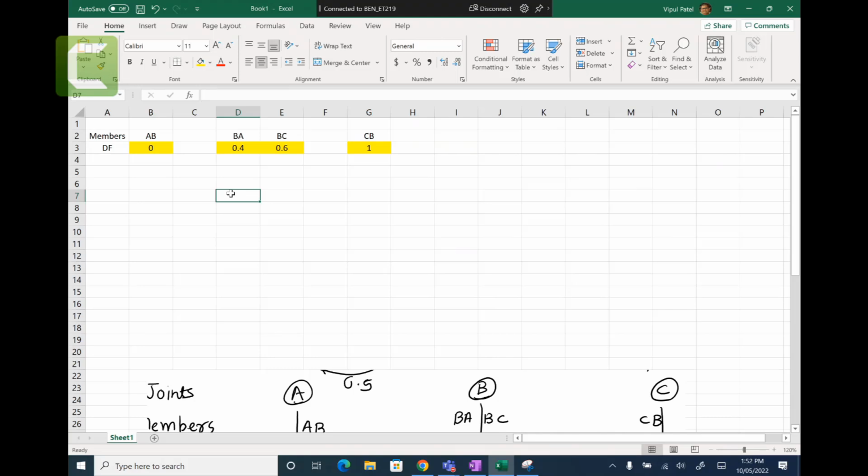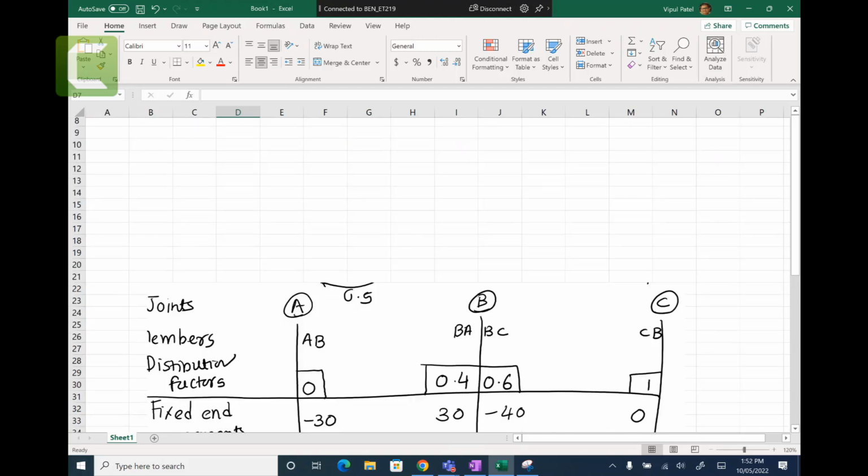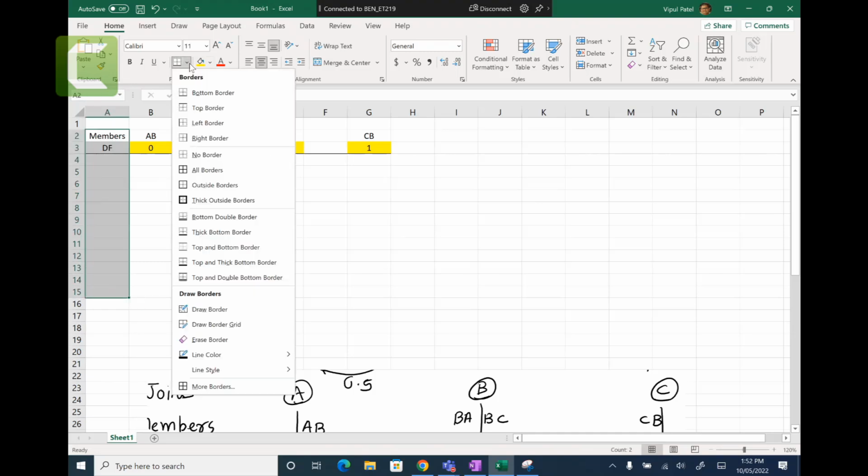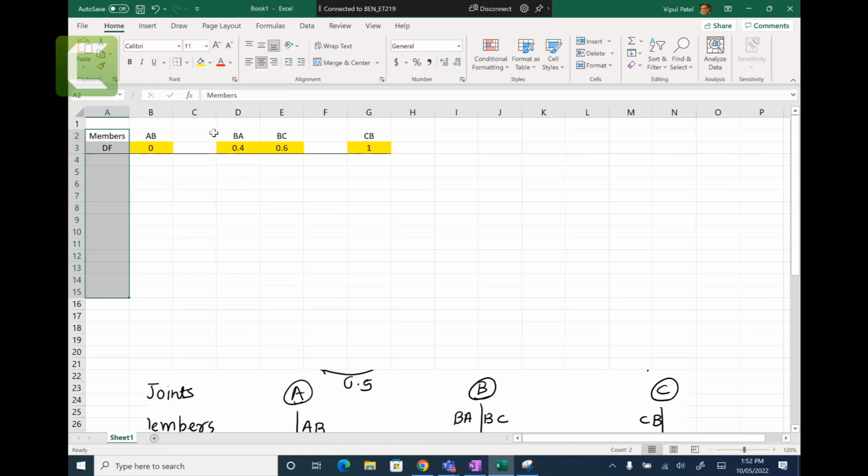Now, after that, just look at our figures, okay? Nothing new we are doing. After distribution factors, we have a line. So let's draw the line here. Let's put the line here as well. Vertical line here. And we draw the line after distribution factors.